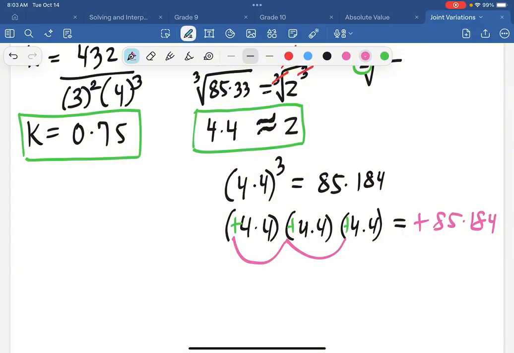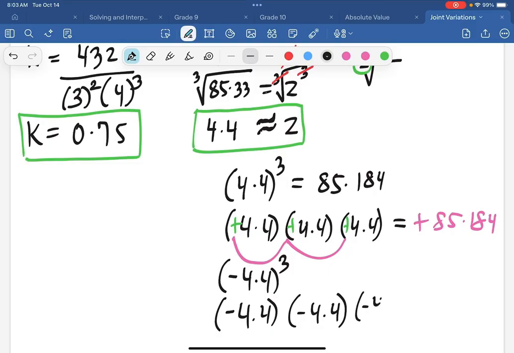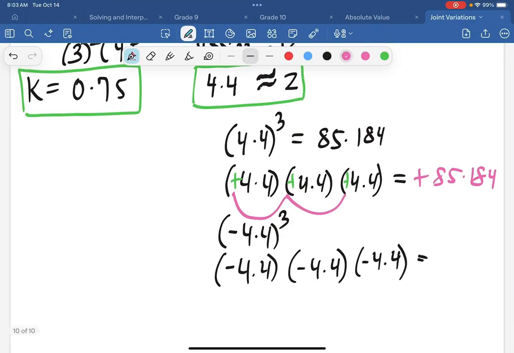It's because if we look at negative 4.4 as an example and expand this, we have negative 4.4, negative 4.4, negative 4.4. So the result would be negative times negative is positive, and positive times negative is negative.